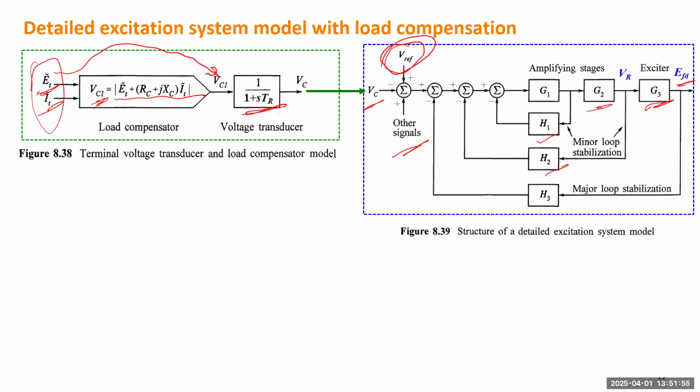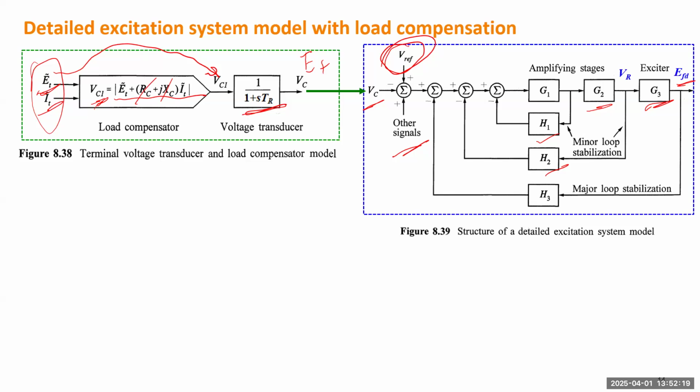If you make RC and XC both 0, what is VC? VC will be terminal voltage, right? So if you make RC and XC both 0, this will be the magnitude of terminal voltage. If it's non-zero, this VC will be different from terminal voltage.